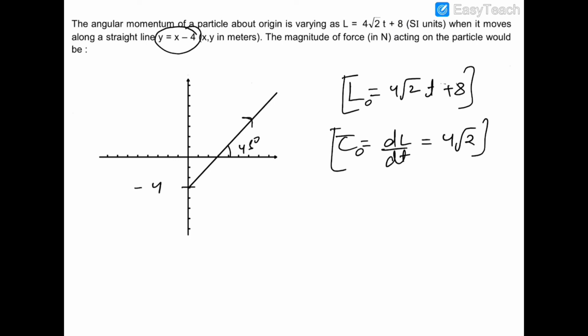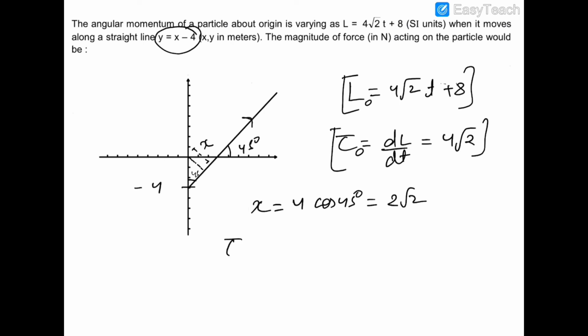If we draw a perpendicular on this line, then the length of this perpendicular x would be equal to 4 cos 45 degrees. So it is 2 root 2. You can see that this angle is 45. If this is 4, then it is 4 cos 45. So x is 4 cos 45, which is 2 root 2.